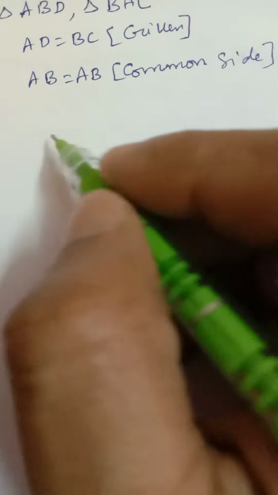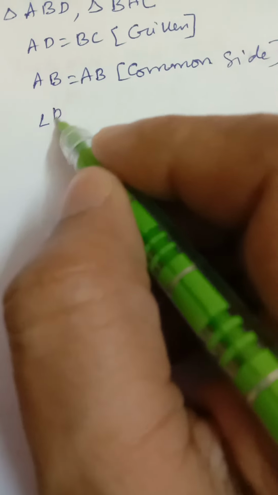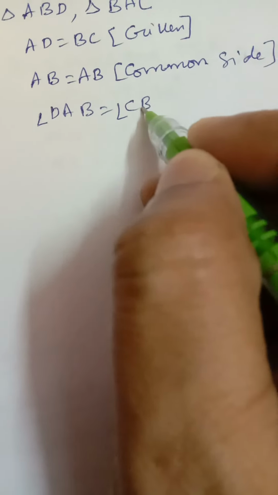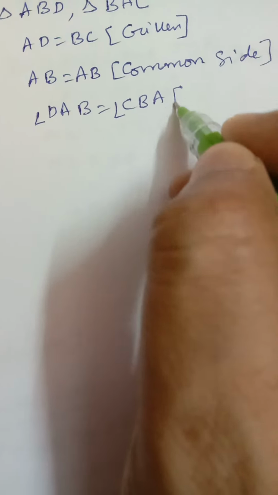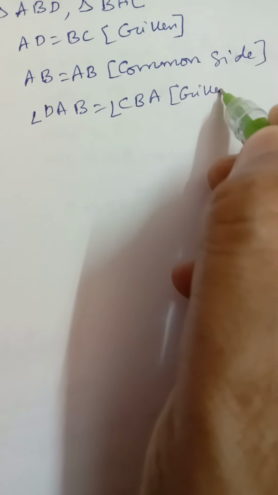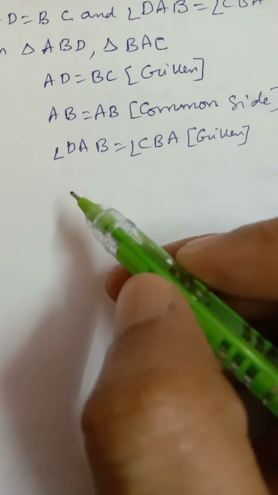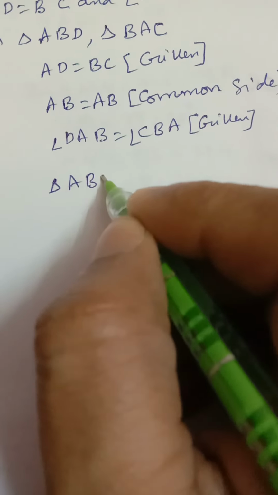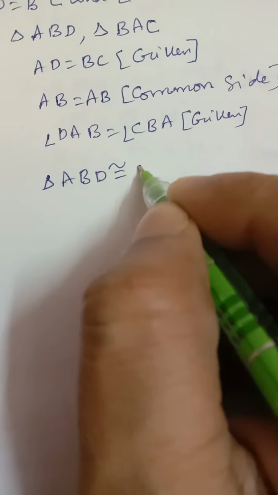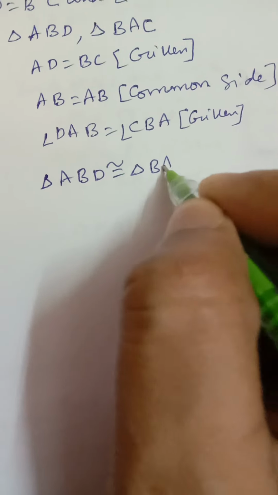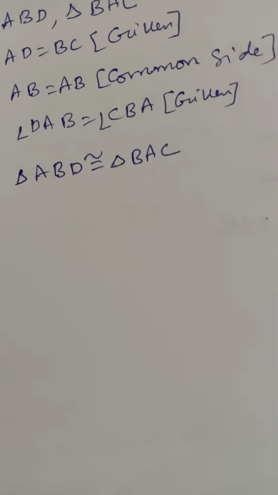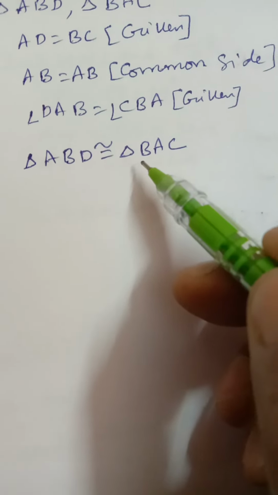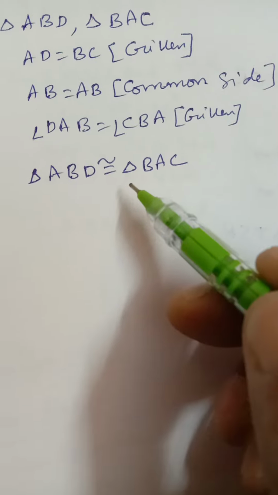Next, angle DAB is equal to angle CBA, given. Therefore, triangle ABD is congruent to triangle BAC by SAS congruency rule.